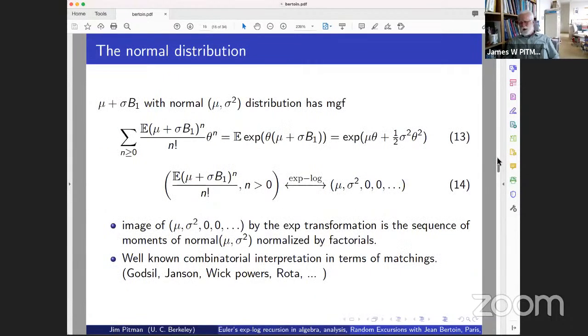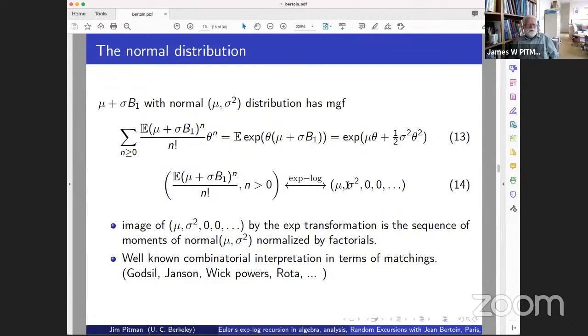Okay, I want to say one or two things about the normal distribution. This goes pretty quickly because everybody knows the normal MGF. And so in the X log notation, this says that a sequence of B1 is a standard normal variable, Brownian motion at time 1. These moments of a Brownian motion at time 1 correspond by the X log transformation to two numbers.